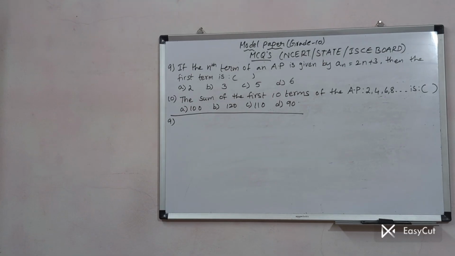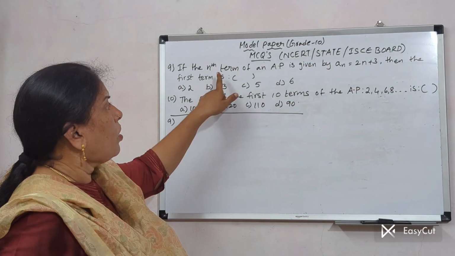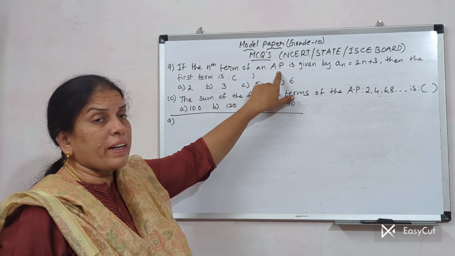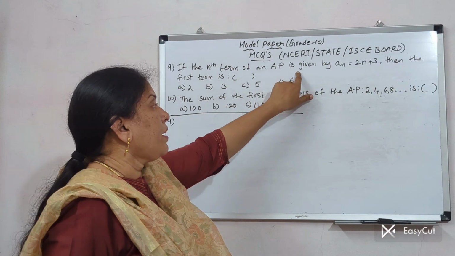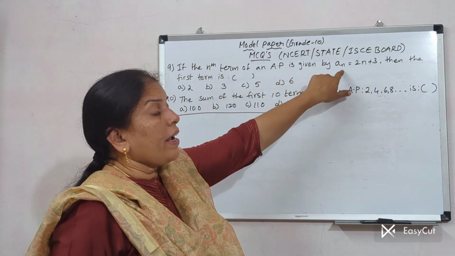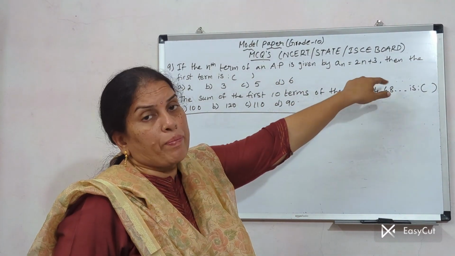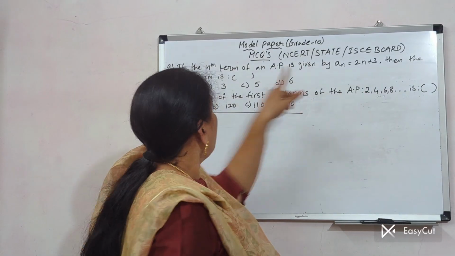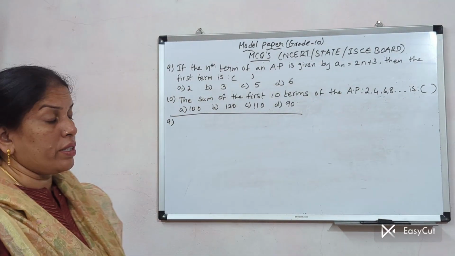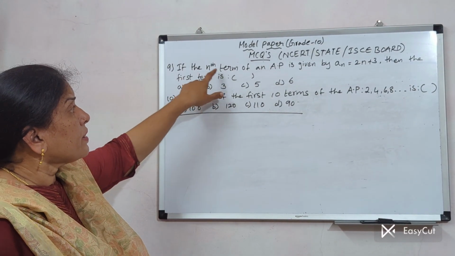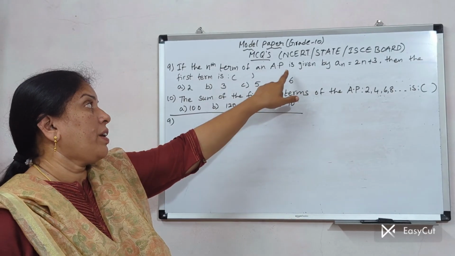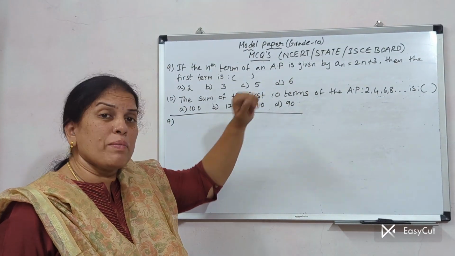Next question. If the nth term of an arithmetic progression is given by an is equal to 2n plus 3, then the first term is, what is the question? The nth term is given.